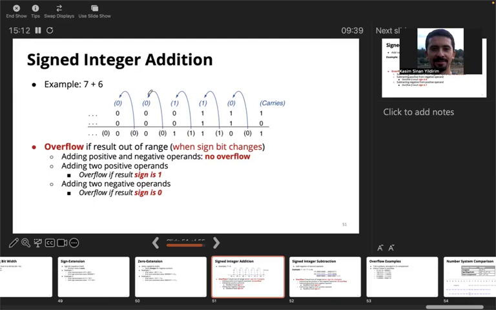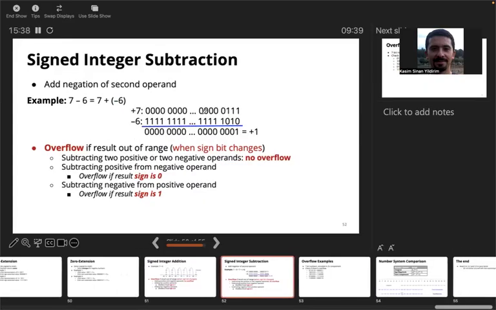So in this example, let's say I have 7 and I have 6. We add 2 numbers. This is 7, this is 6, and things work somehow, right? How am I going to understand if there is an overflow or not? A question to you.